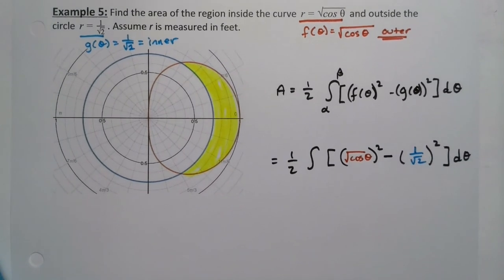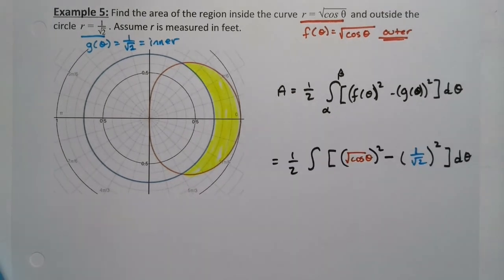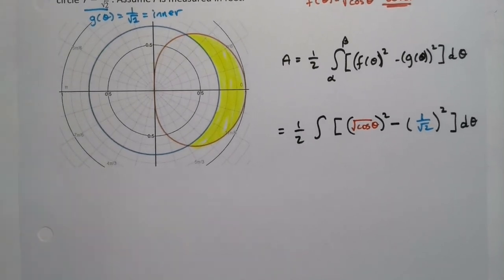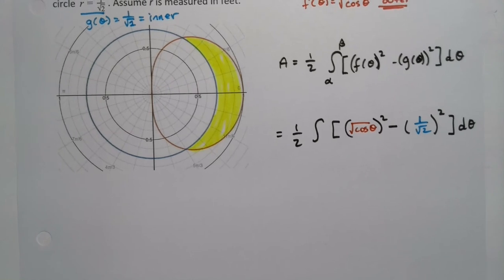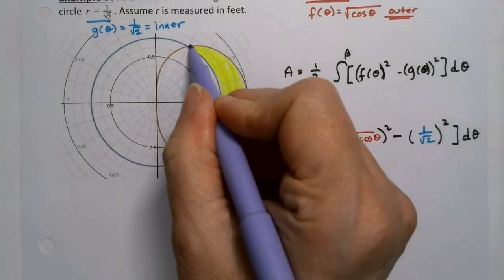Wonderful. Okay, so now I just have to figure out what I'm going to do about my limits of integration. So I'm going to go to the side and figure those out, kind of down here actually. I need to find the intersections, because if I'm going to find the limits of integration, I need to know where these two graphs intersect.